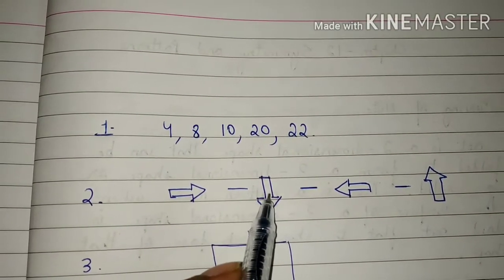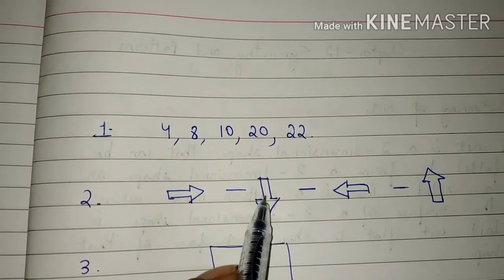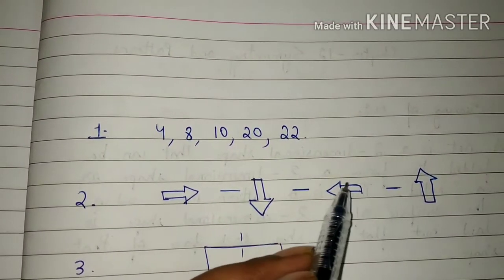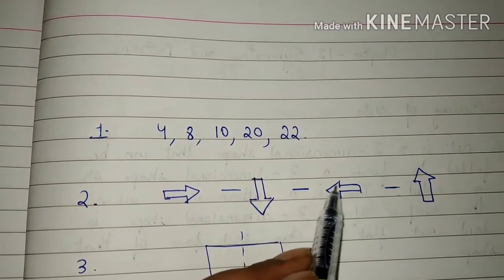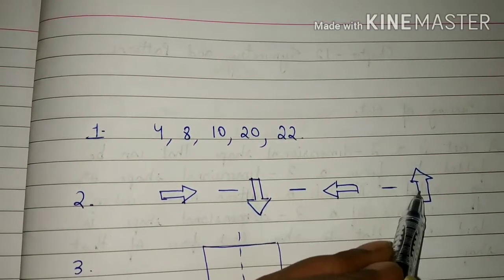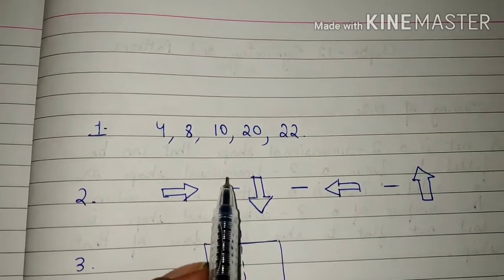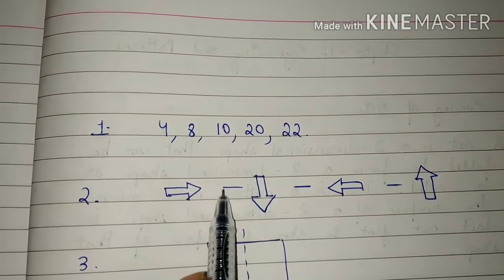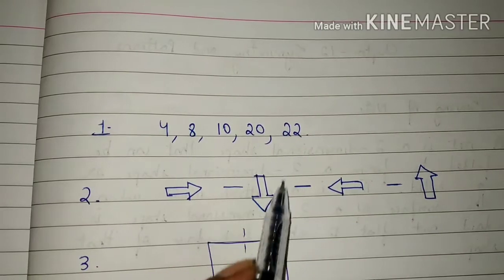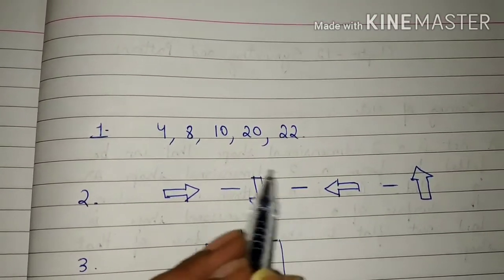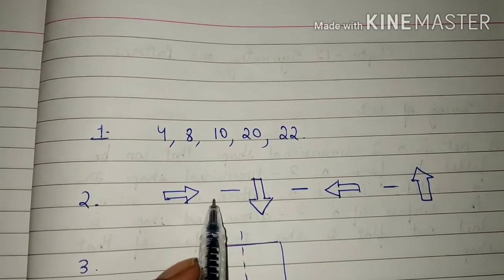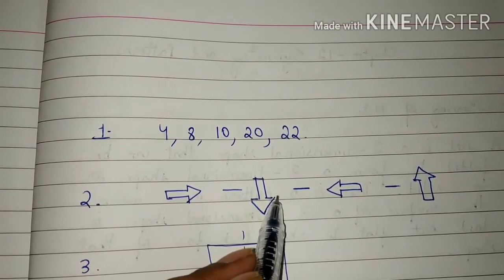Again we have rotated this arrow only one time, then it looks like this. Then again we have rotated this arrow only one time, then it looks like this. So you can see that here we are making pattern by turning the shapes. So students, from this point of view, we can say that patterns can also be formed by turning the shapes.